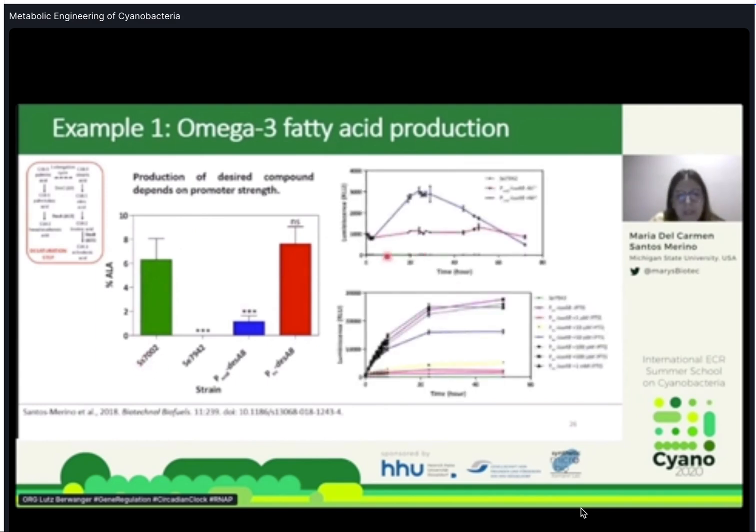In fact, in this article, they analyze the activity of these two promoters using a LuxAB construction. They measure the luminescence along the time after induction with the different inducers. And as you can see here, the maximum level of expression for PNRSB takes place at 24 hours, at around 3,000 relative luminescence units.